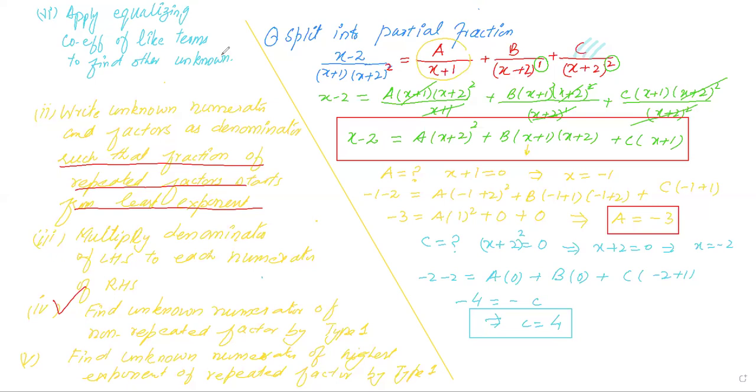What's the meaning of this? To find the other unknown, because the highest C is known, that is 4. A is known, that is minus 3. That is the numerator of the non-repeated factor, and the numerator of the repeated factor is the highest power.